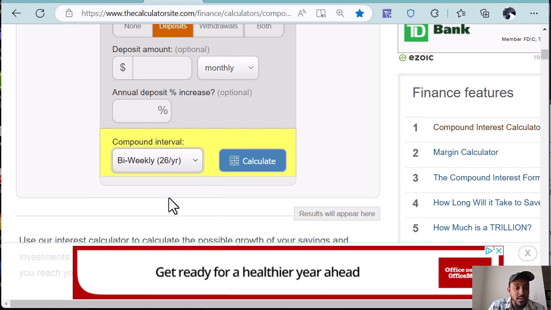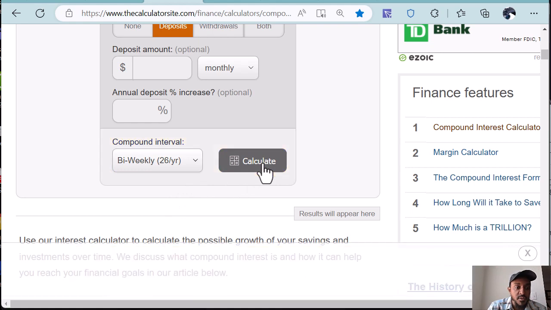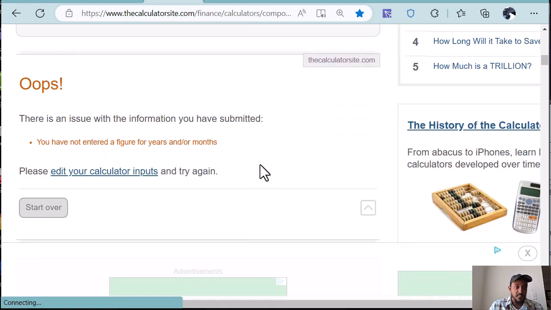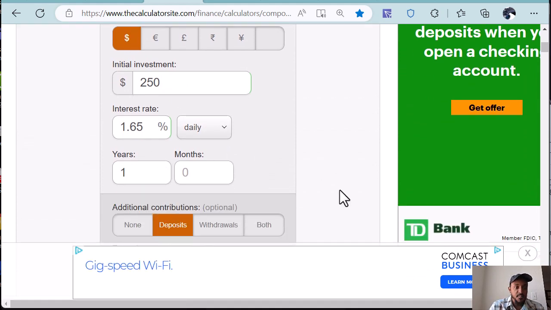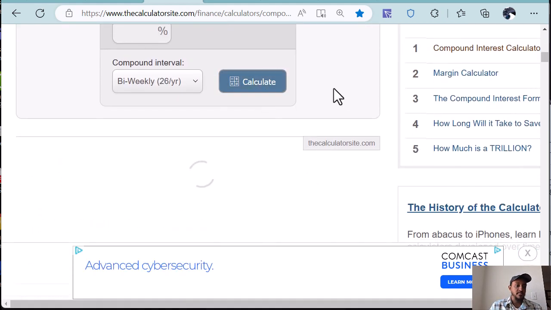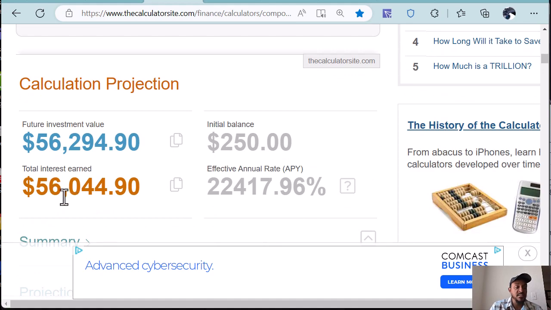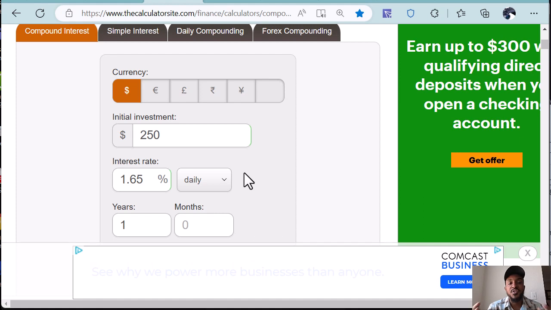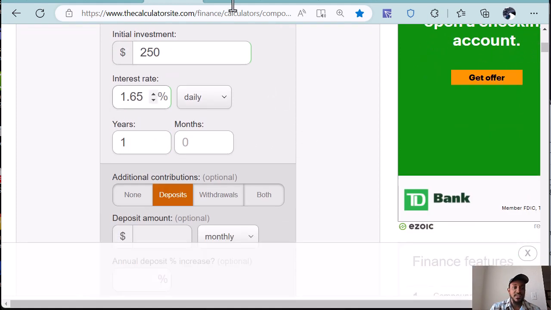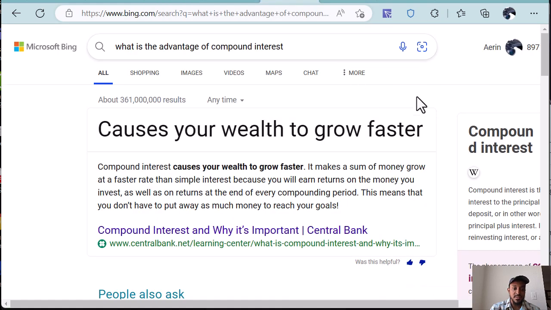So we're past our week, but under 2 weeks. So bi-weekly, and we're going to calculate that. Oh, I'm sorry. Add my year. Calculate that. $56,000. Started with what? 250. Where are you doing that in today's age? So that is to show you the power of compounding interest. It causes your wealth to grow faster.